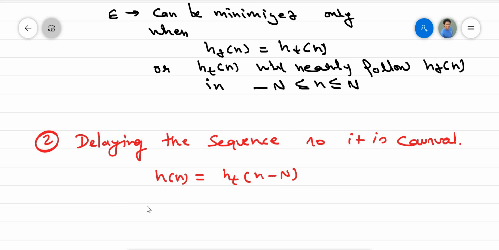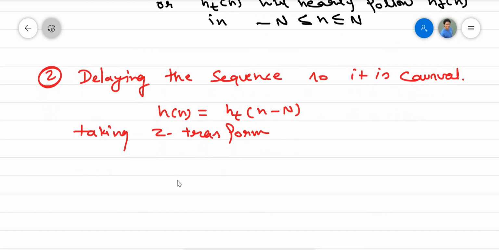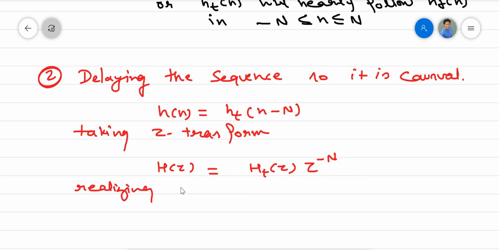Now if we take the Z transform of the sequence, it will lead h[n] to H(z), and h_t to H_t(z) times z to the power minus N. And realizing the sequence at the unit circle, z will be equal to e to the power j omega.